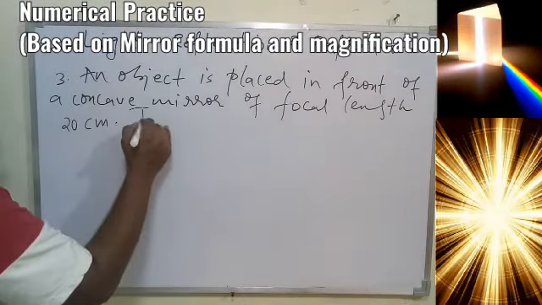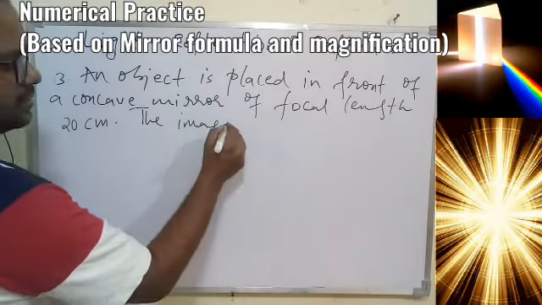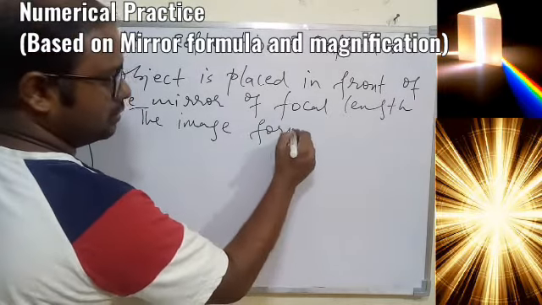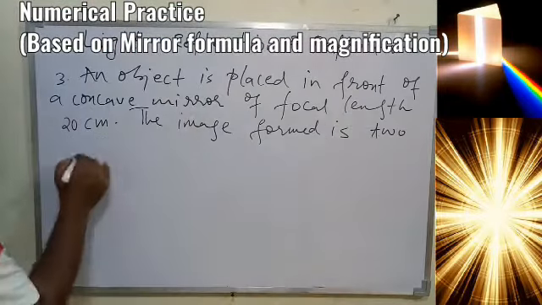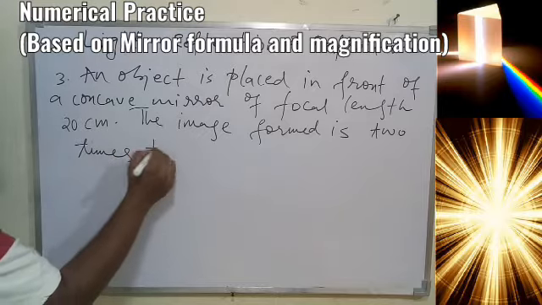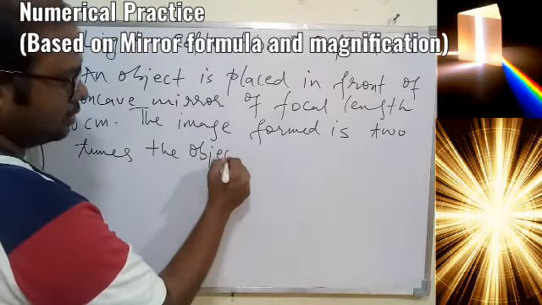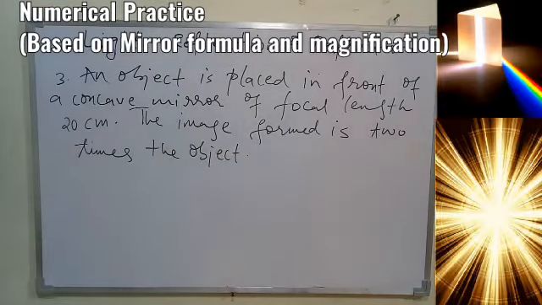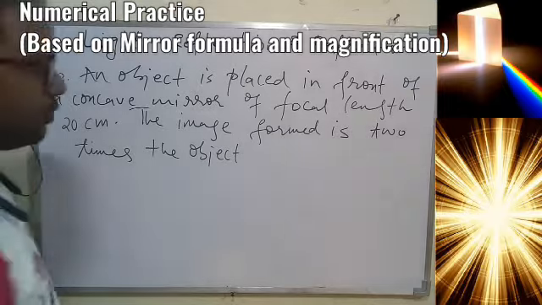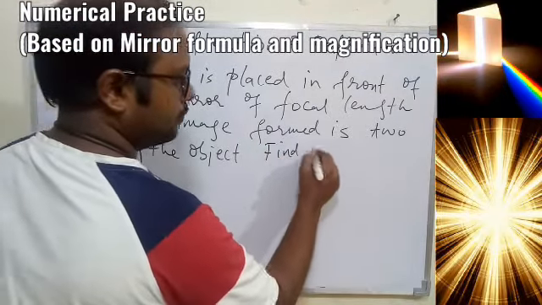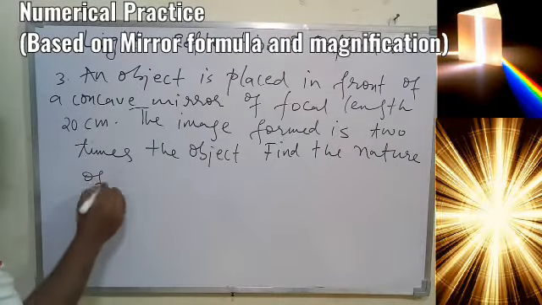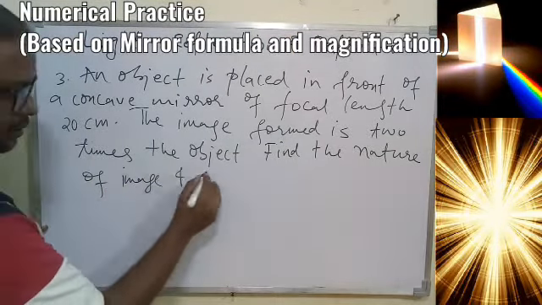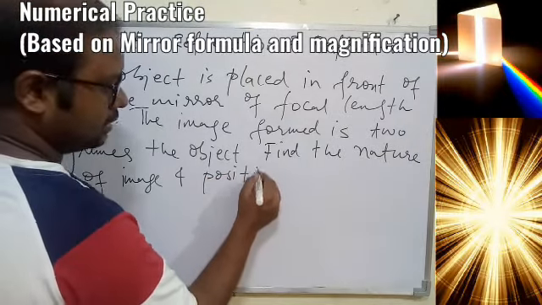The image so formed, or we can say the image formed is 2 times the object. 2 times means the height of the image is 2 times the height of object. Then we have to find the nature of image and position of object.